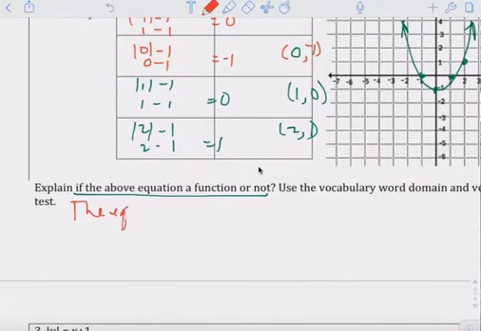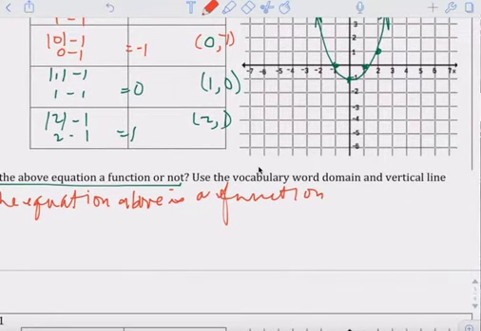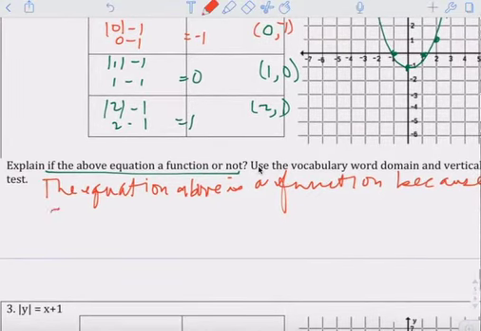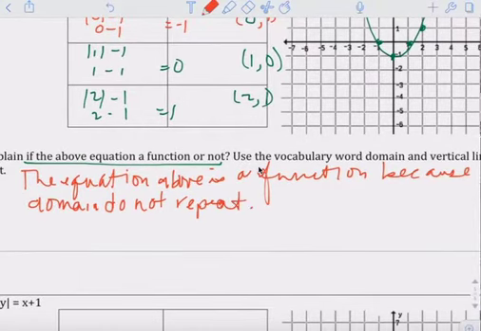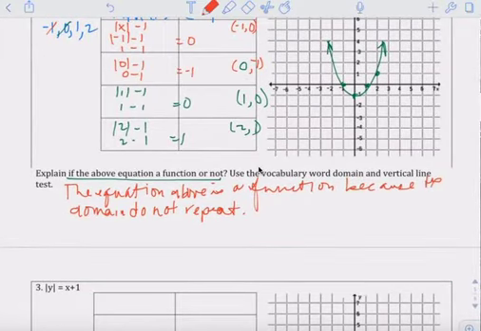The equation above is a function because the domain does not repeat and the vertical line test will only go through the graph once.